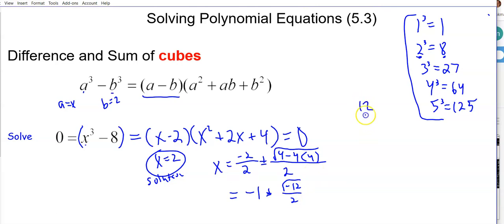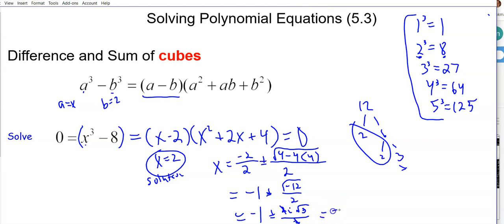If you do a prime factorization of 12, that's 2 and 6, that's 2 and 3. There's a pair of 2's with a 3 left over. So this is going to be negative 1 plus or minus 2 root 3, or 2i root 3, because of the negative there, all over 2, which the 2's cancel, and you get negative 1 plus or minus i root 3.